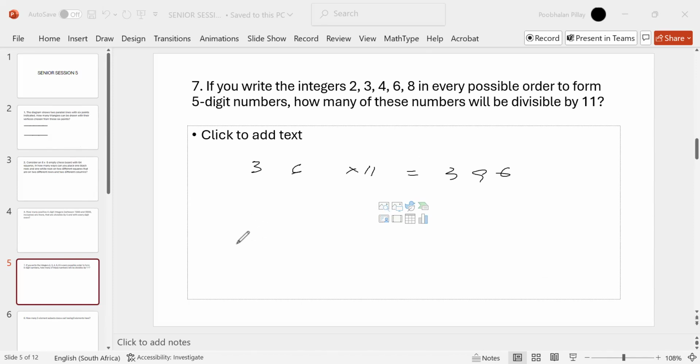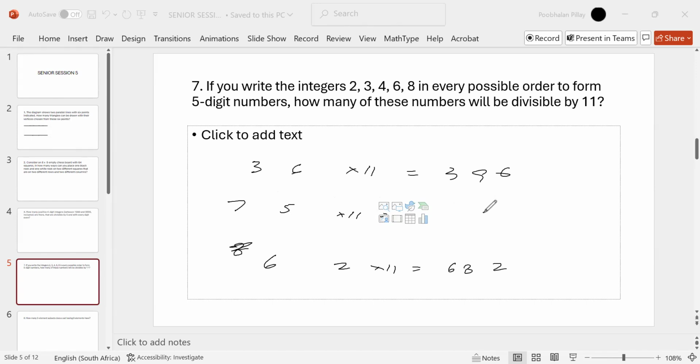If I want to multiply, say, 62 by 11, I just put 6, 2, and 6 plus 2 is 8 in the middle. So there is an easy way. But in case the answer is more, for instance, if I had 75 by 11, 7 plus 5 is 12. I can't put 12 in it, right?